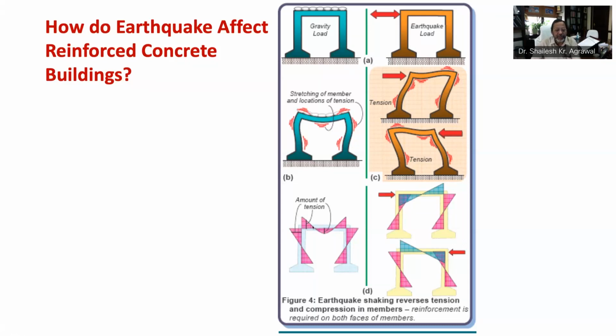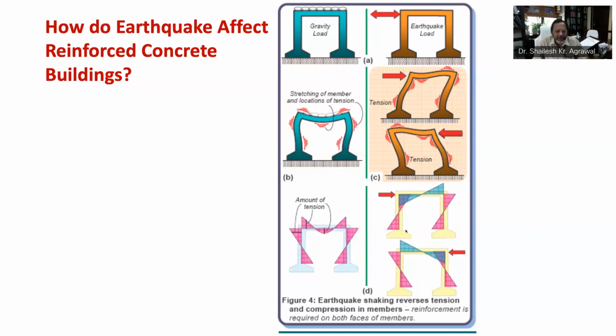Whereas the earthquake loading causes tension on beam and column faces at locations different from those under gravity loading. The relative levels of this tension, that is bending moment, are shown in this figure 4d. The level of bending moment due to earthquake loading depends upon severity of shaking and can exceed that due to gravity.